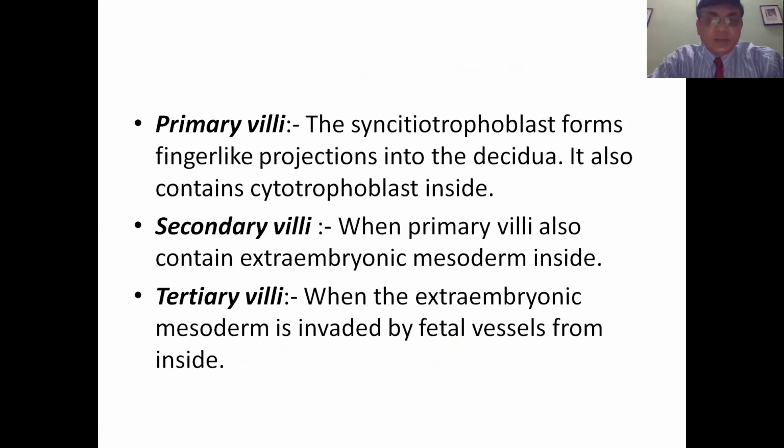So now you can take down the primary villi. Syncytial trophoblast forms finger-like projections into the decidua.